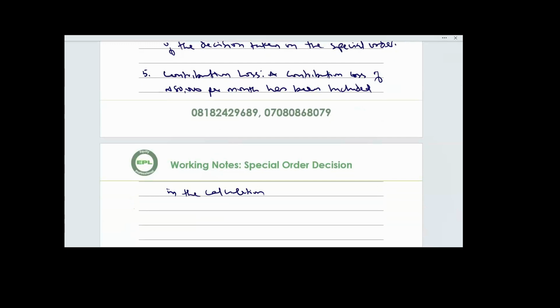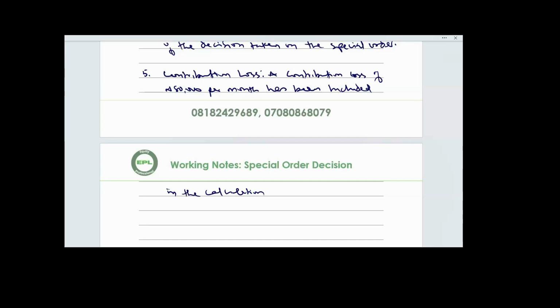A contribution loss of 80,000 naira per month will be incurred as a result of the supervisor transferring 60% of his working time to execute the order.